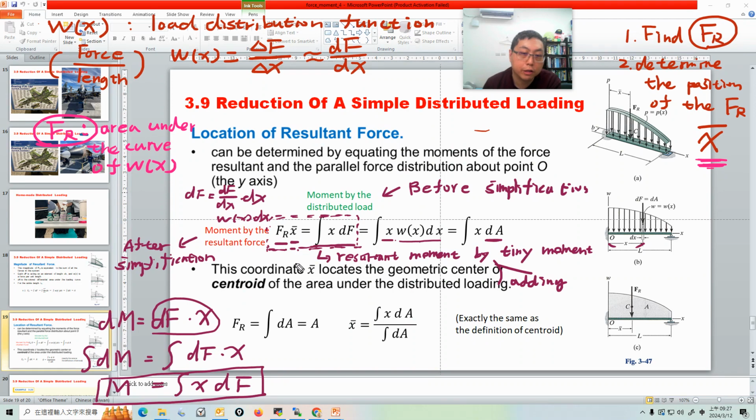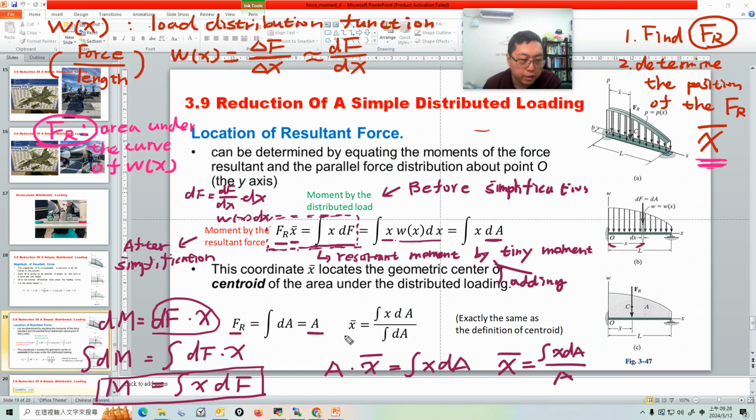In the previous video, we already concluded that the resultant force is the area under the curve of w(x). So the resultant force is actually A, the area under the w(x) curve. So the equation becomes A times x bar equals the integral of x dA. And what is x bar? A is in the denominator, and the numerator is the integral of x dA.